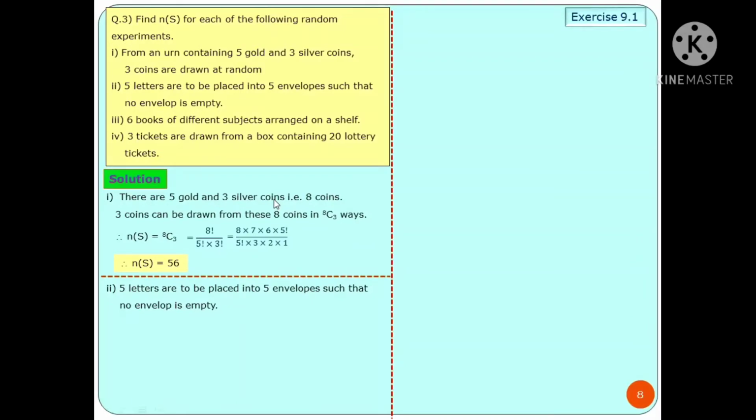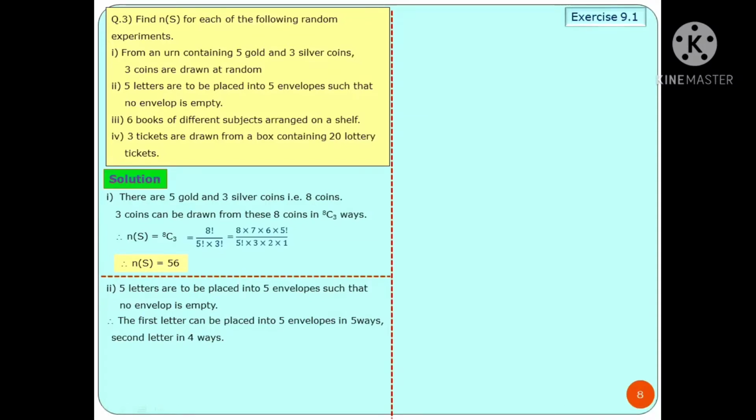Very simple. To put 5 letters in 5 envelopes, the first letter can be placed into any of the 5 envelopes, so it has 5 chances. One envelope gets filled. Then for the second letter, 4 envelopes are available, so it can be placed in 4 different ways.